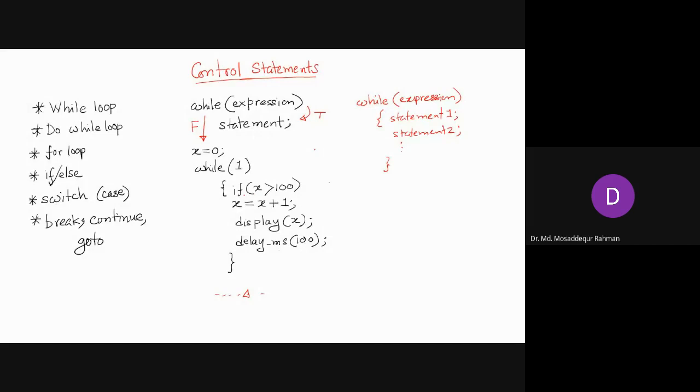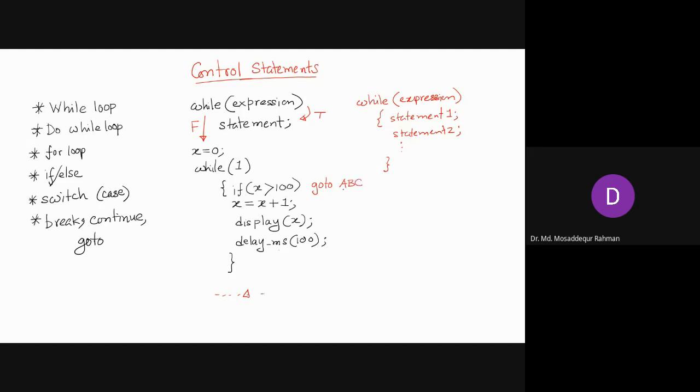So if x is greater than 100, now we want to see how it will work if you use a goto. Goto means you have to mention some address or something where you want the program to go. You usually indicate that by a label.